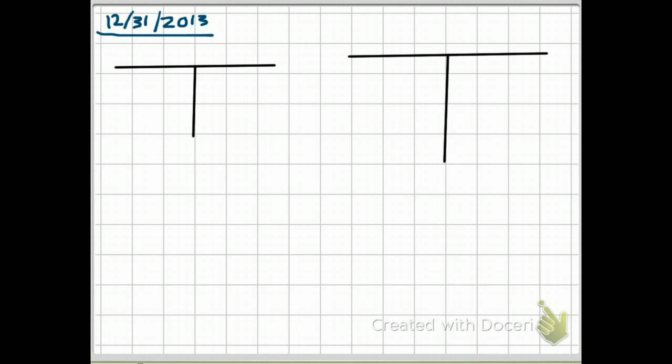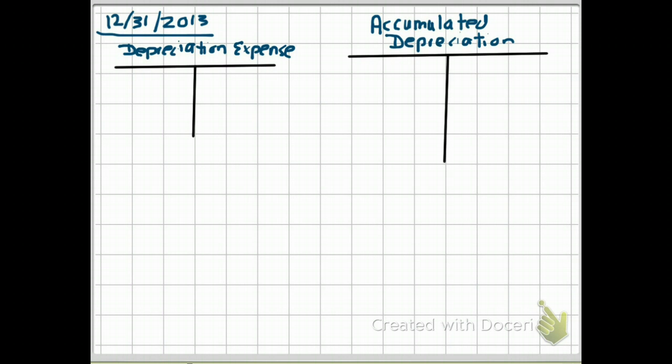Now, the depreciation we calculated was for year 2012. Now let's look at the end of the year 2013, which is the second year that your asset is in use. In the second year, again, at the end of the year, you're going to have to do your adjusting entry for depreciation expense. Your accumulated depreciation and your depreciation expense are the two accounts. Your accumulated depreciation account has a balance of $300.